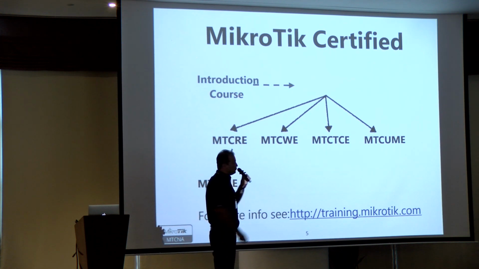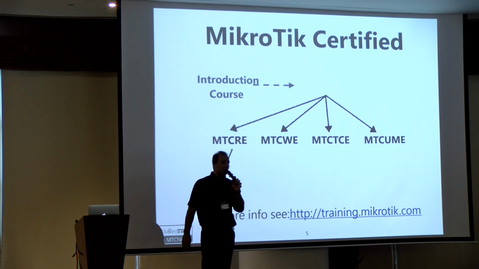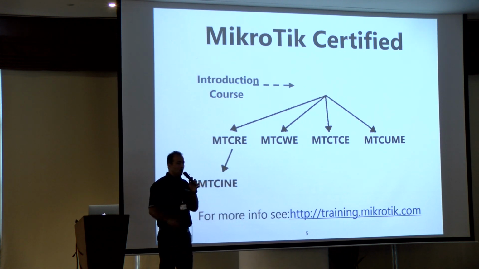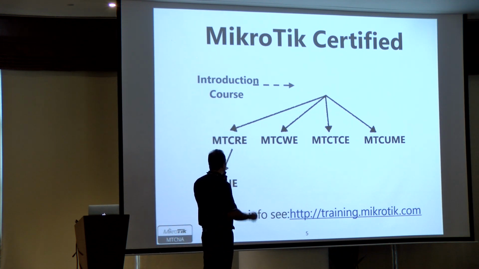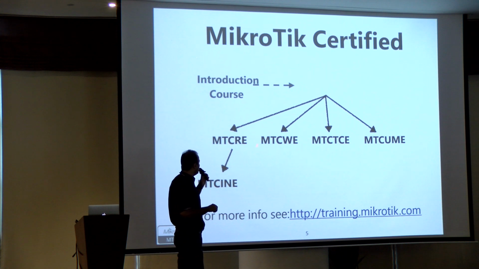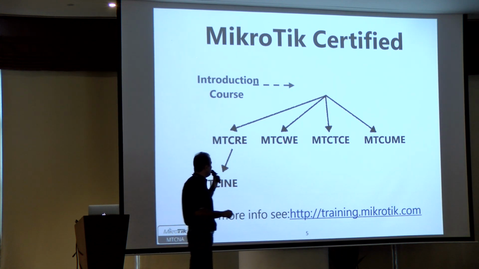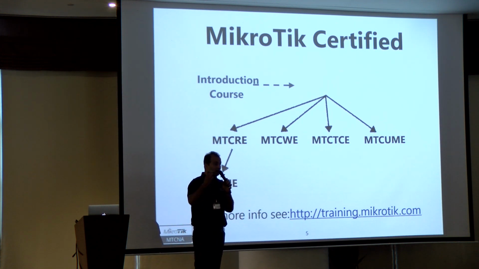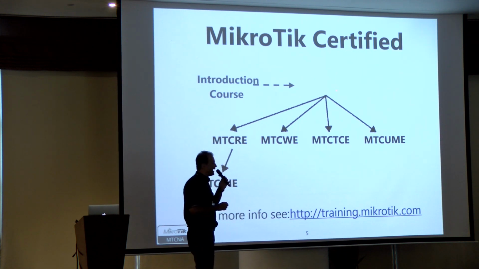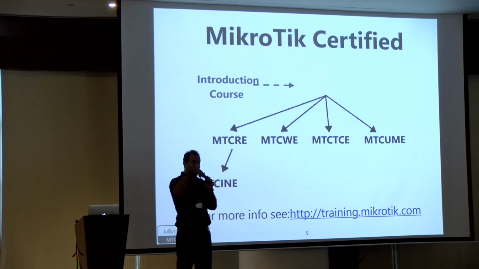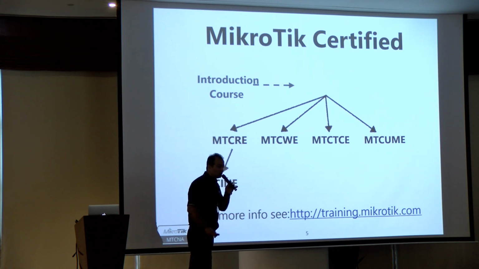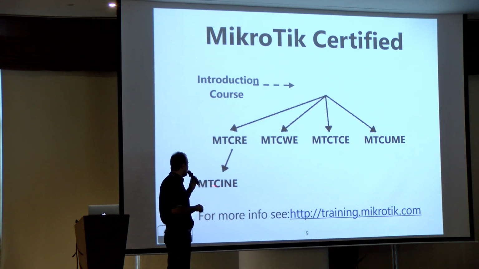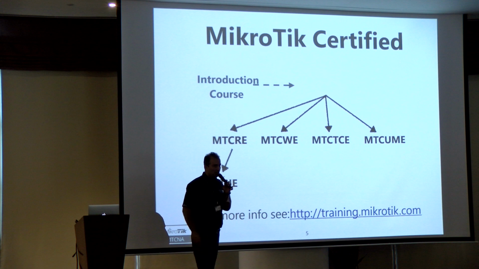The first course you have to pass is MTCNA, MikroTik Certified Network Associate, and then there are other courses that I will conduct here in Vietnam: MTCRE, MTCWE, MTCTC, and MTCUME. If you want to participate in MTCINE, first of all you have to pass the MTCNA course, then the MTCRE course. At least you have to have 2 courses, and then you can participate in MTCINE.